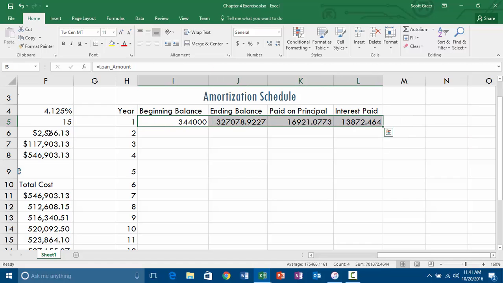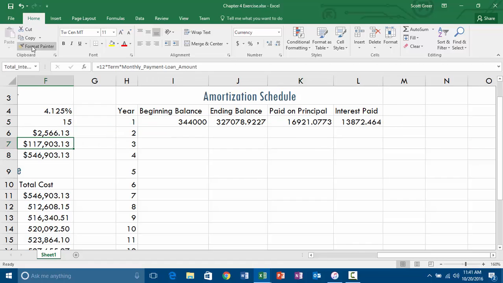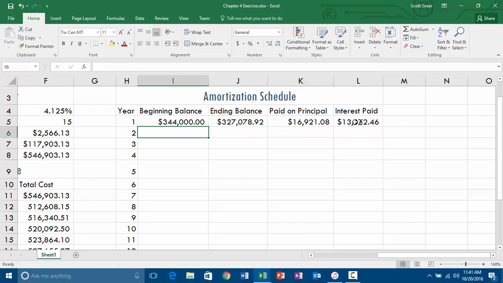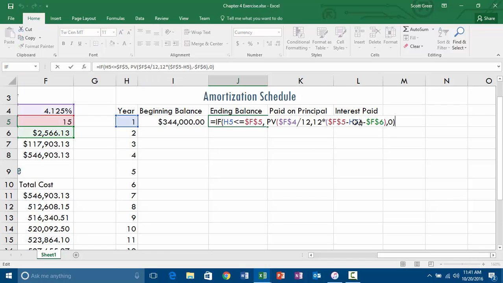Okay, so I have a bunch of confused people who did not get their ending balance to work right. Just you? That's it? Okay, let me go back in. Let's see what we got here. What part of it didn't come through? So it's if H5 is less than or equal to F5, comma PV, F4 divided by 12, 12 times F5 minus H5, comma F6, comma 0.